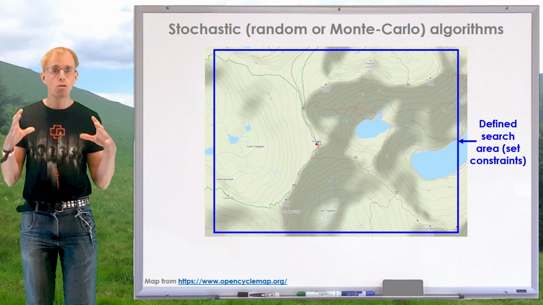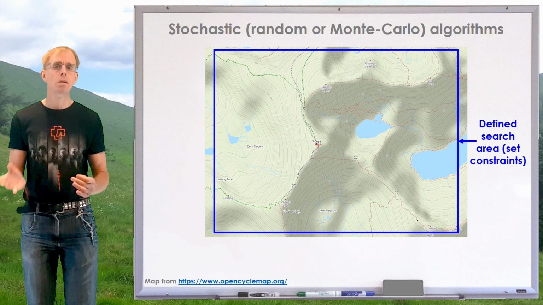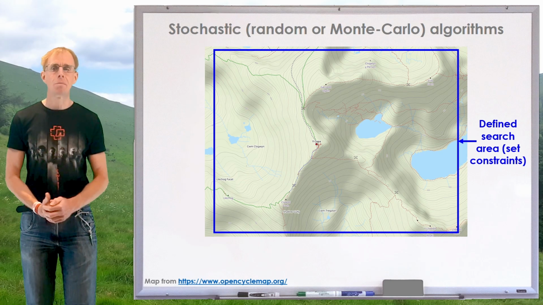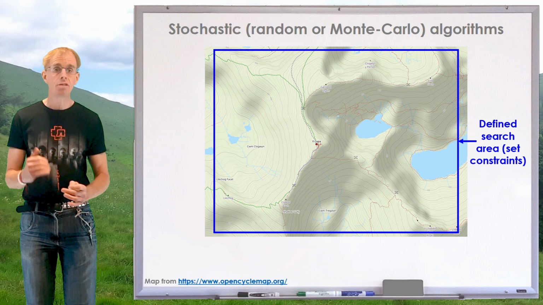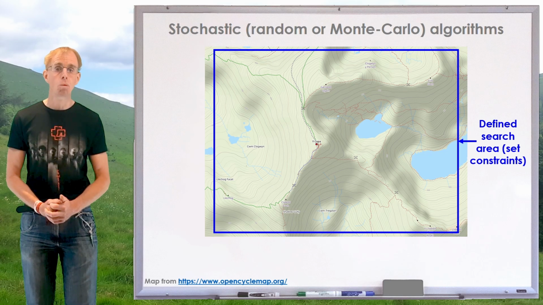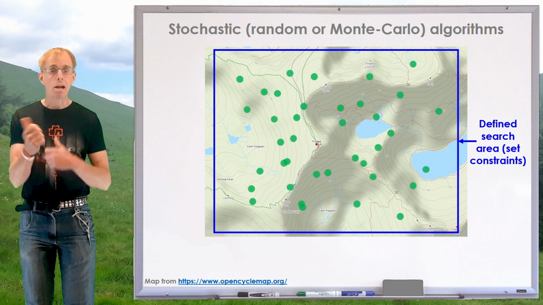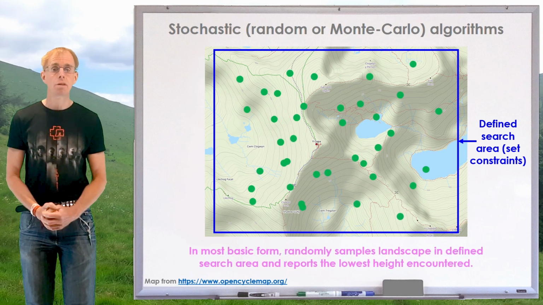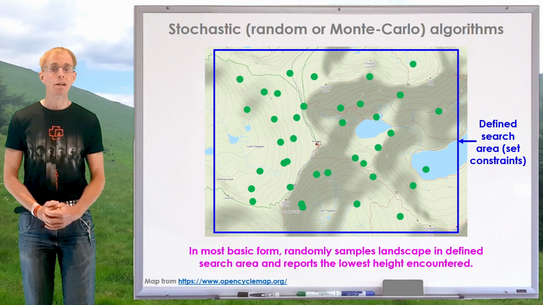And so we're constraining our landscape. What we do with our equations is we put some upper and lower bounds on what we allow the parameters to take, much as I've got upper and lower bounds on the northings and eastings here that I can place my original ball. And then the most simple Monte Carlo algorithm randomly samples the landscape within those bounds, and it records the lowest value that it comes across.